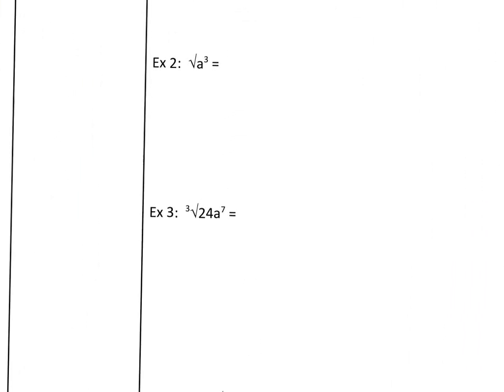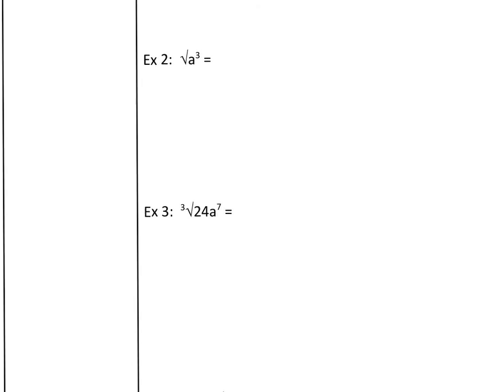All right, moving on to example 2. We've got square root of a to the 3rd. How many a's do I have? 3. So this just becomes a times a times a. What is my group size? 2. So I've just got one group of a. What's left over? The extra a.